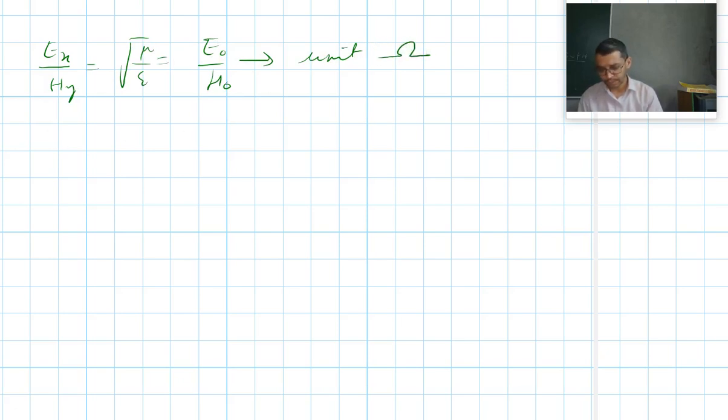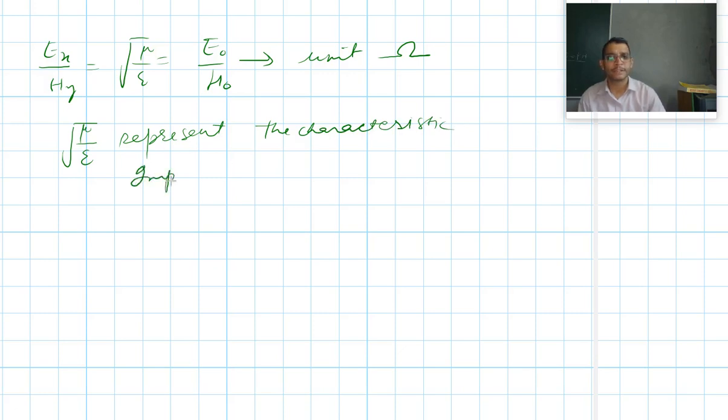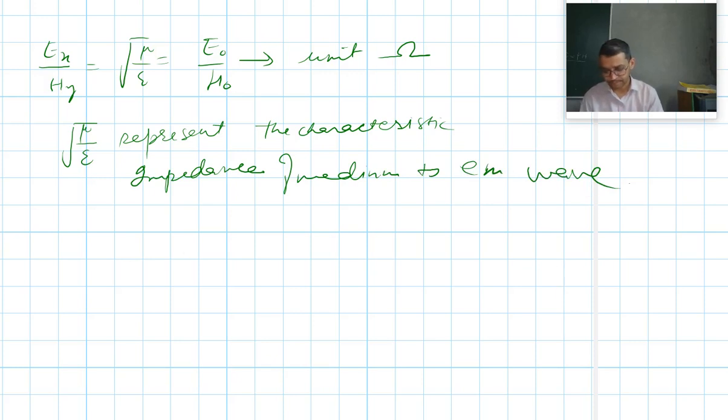Therefore root of mu over epsilon represents the characteristic impedance of the medium to an EM wave, or electromagnetic wave.